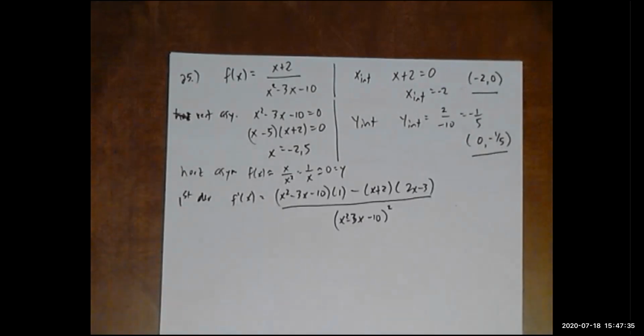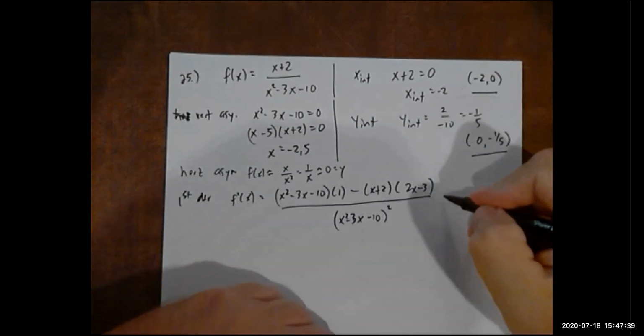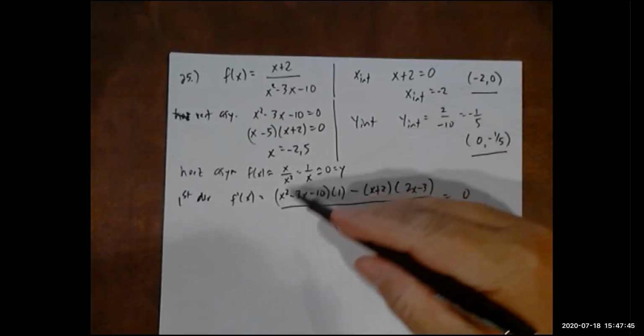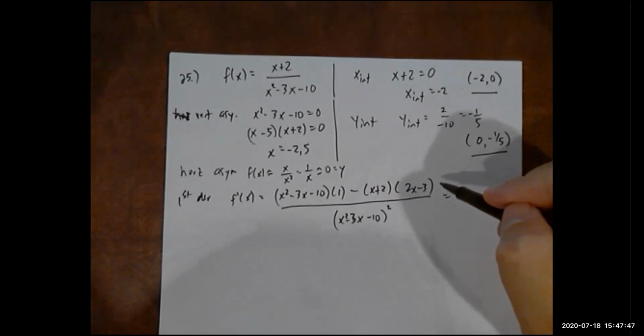Very messy. And the one good thing is for the critical points, you set this whole thing equal to 0. And once again, you sort of ignore the denominator. The solution is going to be when the numerator equals 0.